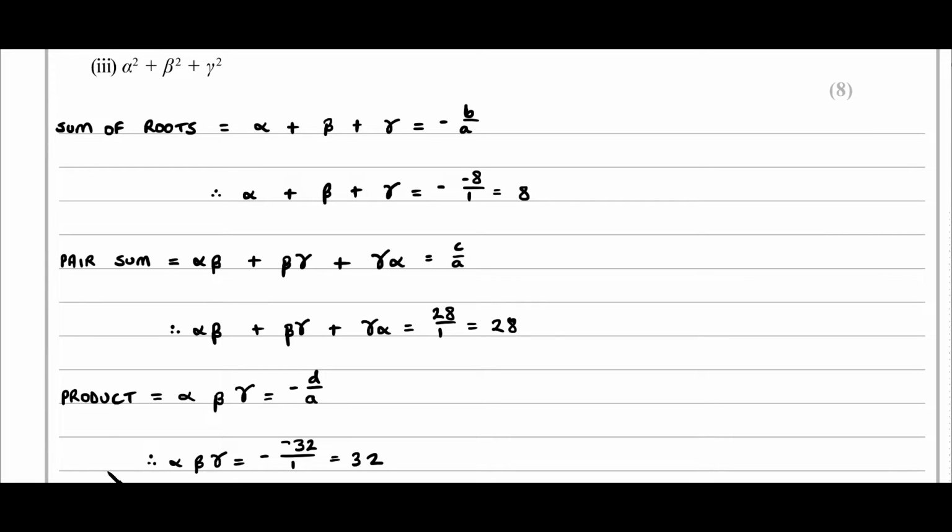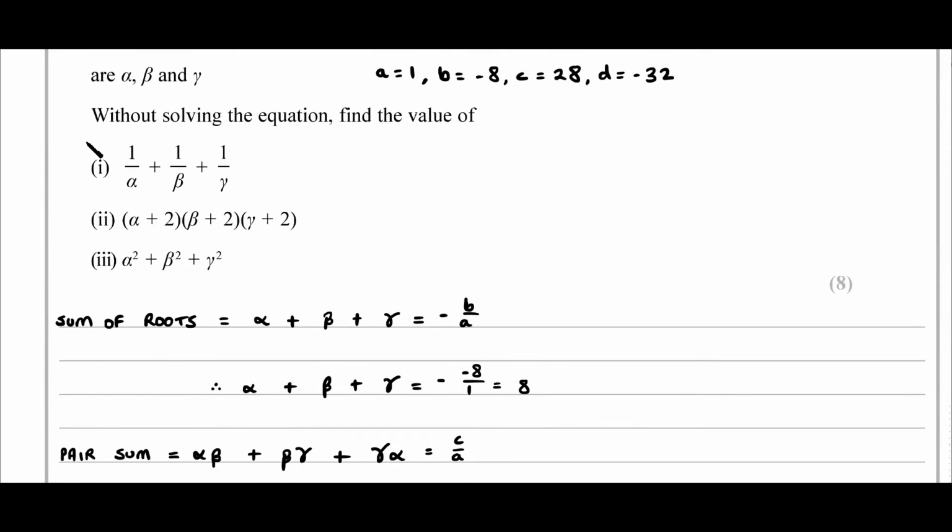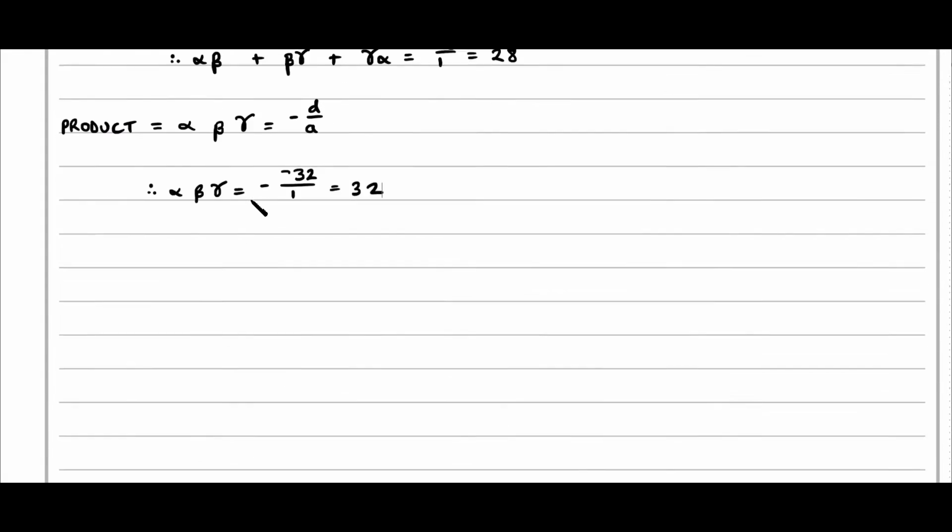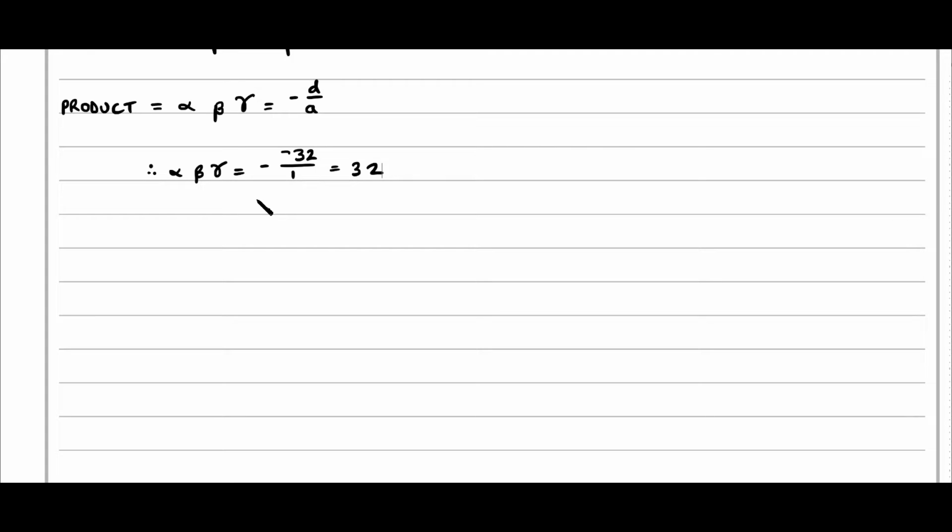And with that being said, 1 over alpha plus 1 over beta plus 1 over gamma, we can rewrite that as, if we just write this down, 1 over alpha plus 1 over beta plus 1 over gamma.